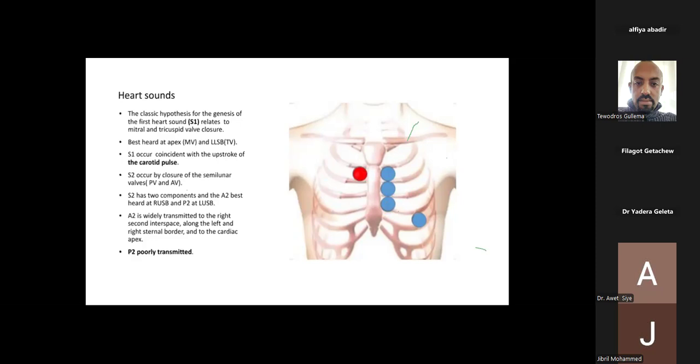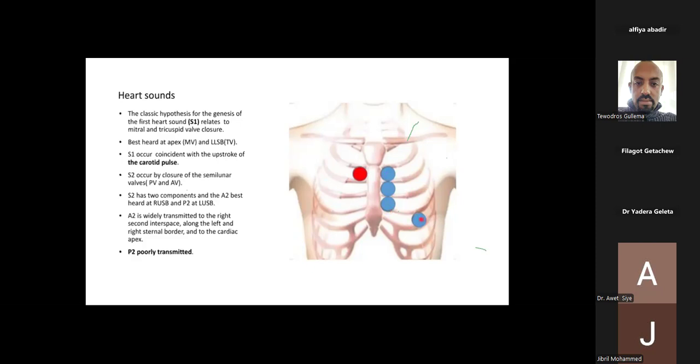in a pathologic condition, if S1 is louder than S2 at the aortic area or at the pulmonic area, S1 is accentuated, its intensity is increased, or loud S1. This does not apply here, because already in the left lower sternal border and the apex S1 is louder than S2.